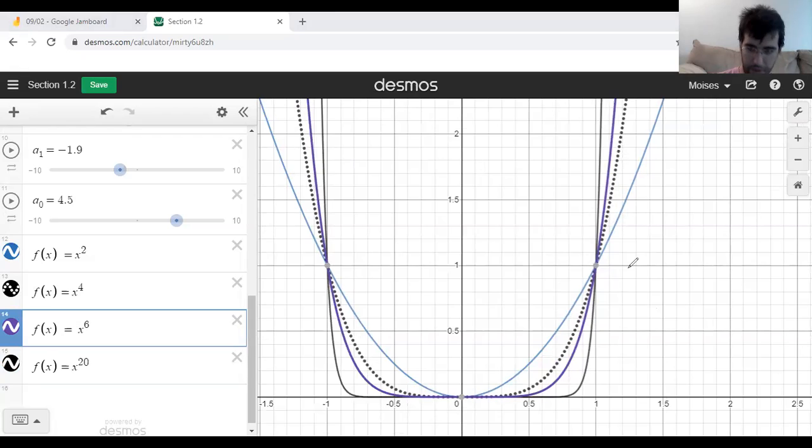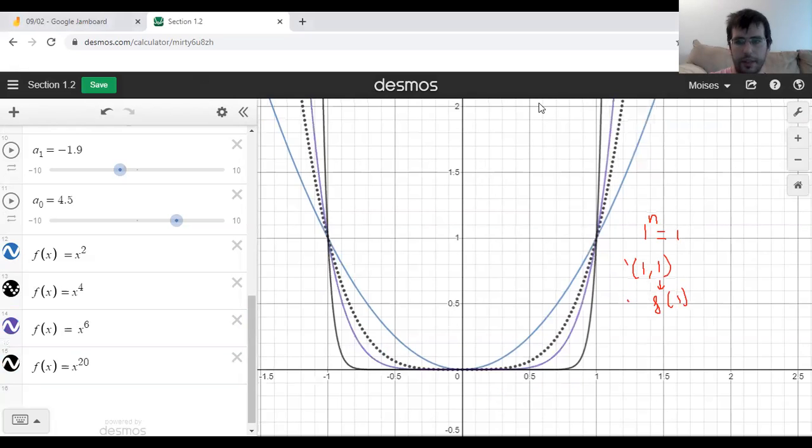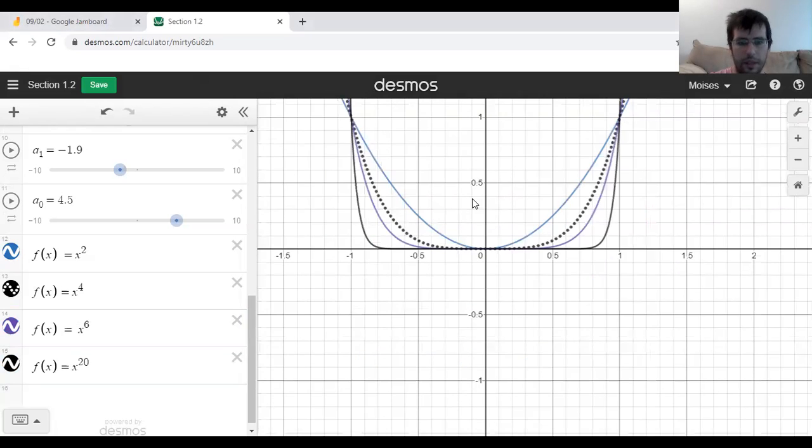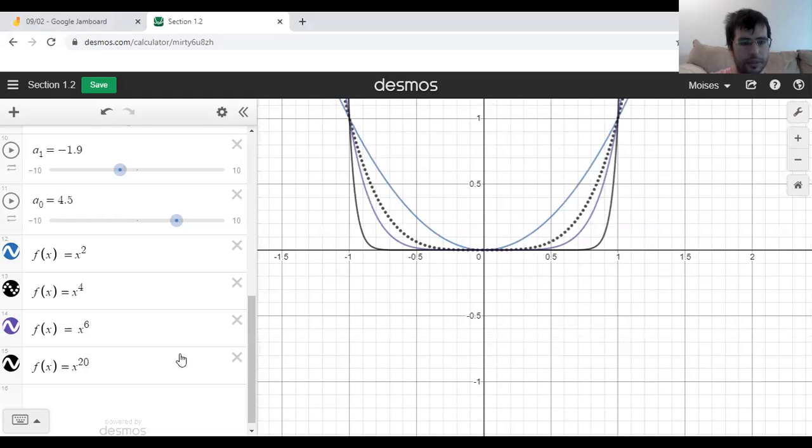This probably shouldn't be a surprise, because 1 to the anything is 1. So this is f of 1 for all of these functions. So that's what you see if you do even powers.